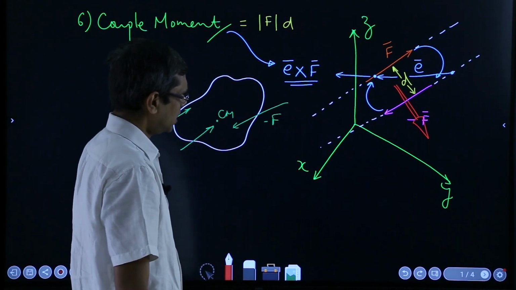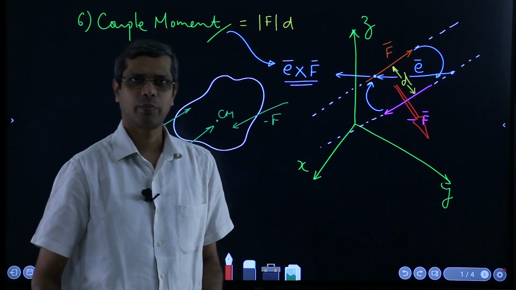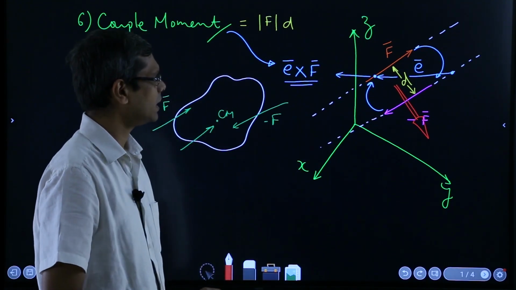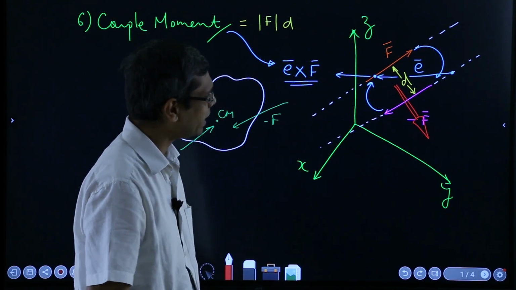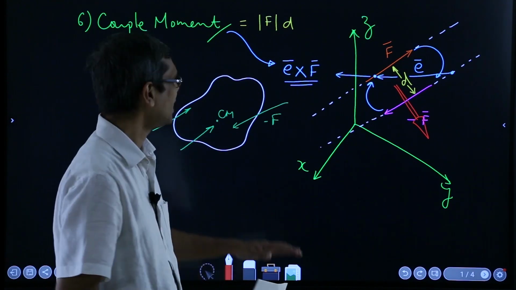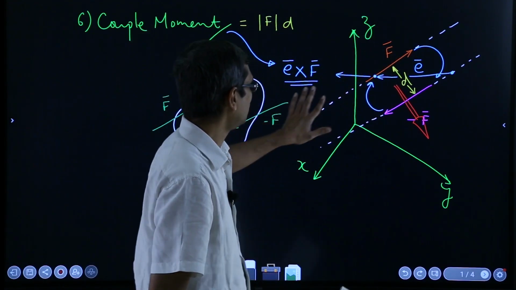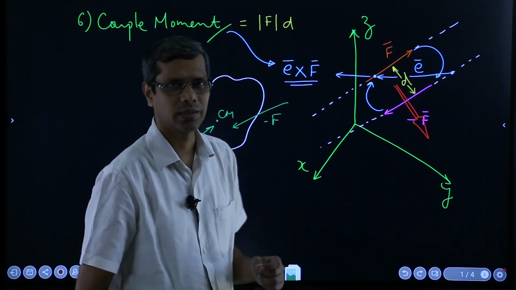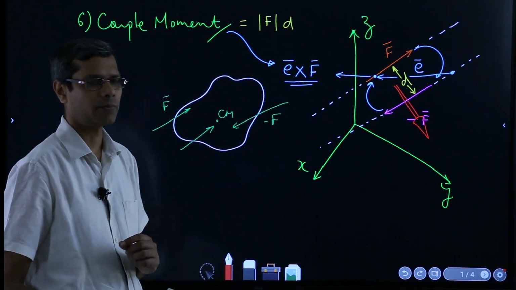Okay. So, now the point which I was trying to make is this couple moment is completely independent of the coordinate system. That means you are free to move it anywhere. That means you know now what it is called, a free vector.